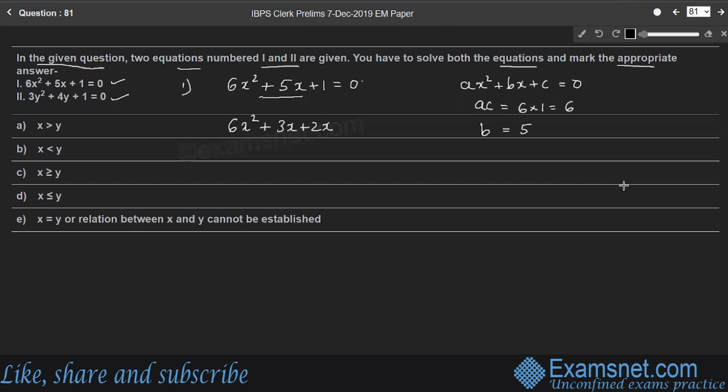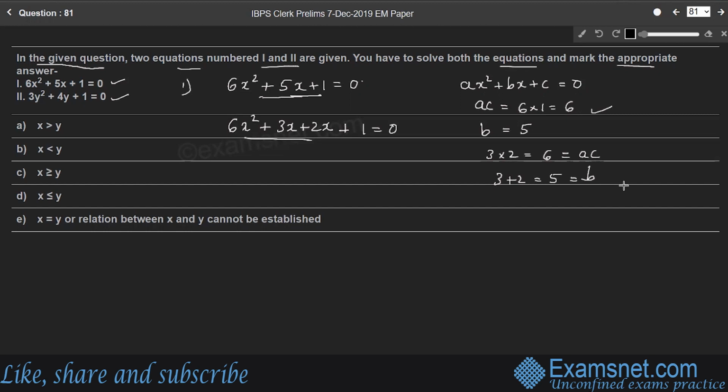If we write 5x as 3x plus 2x, then 3 into 2 becomes 6, which is AC. Right? And 3 plus 2 becomes 5, which is B. Right? Therefore, 6x square plus 3x plus 2x plus 1 is equal to 0.